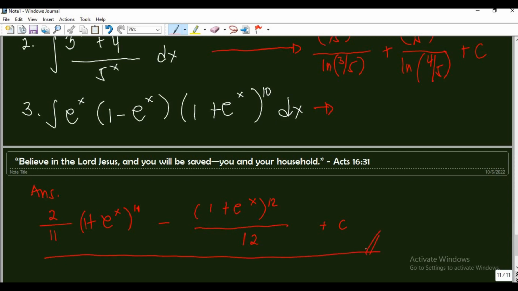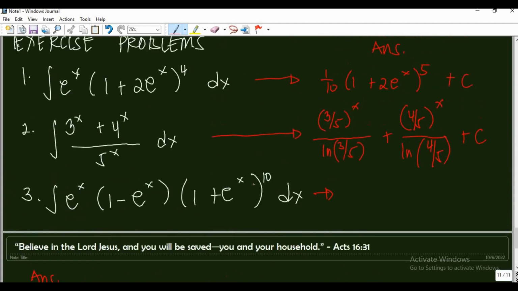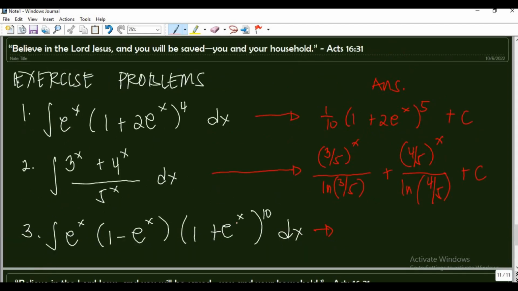Ito yung answer ko for number 3. Again, these 3 exercise problems, I encourage you to solve them and compare your answers with my answers. Okay, thank you for listening for this specific problem.